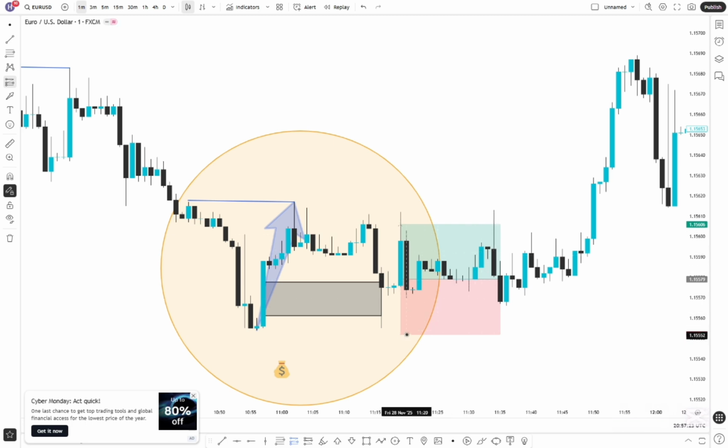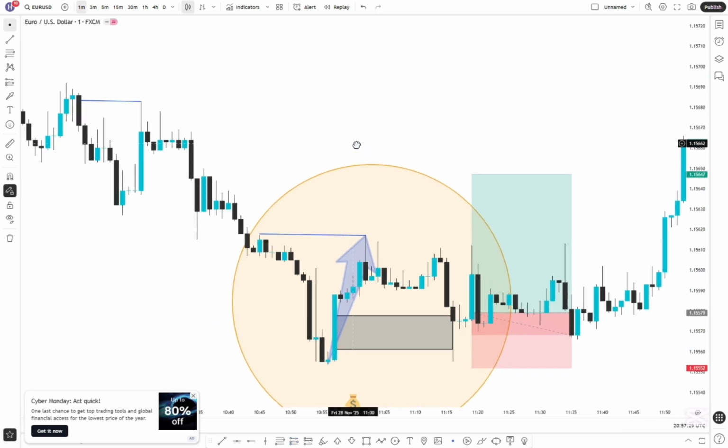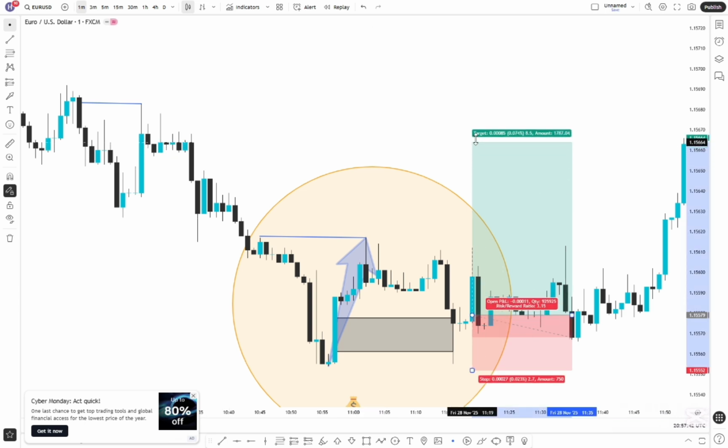So this is where the stop loss will be, below here. And then their take profit, don't forget, I said the take profit should be the next previous fair value gap. Don't forget. Now, this is the next previous fair value gap.